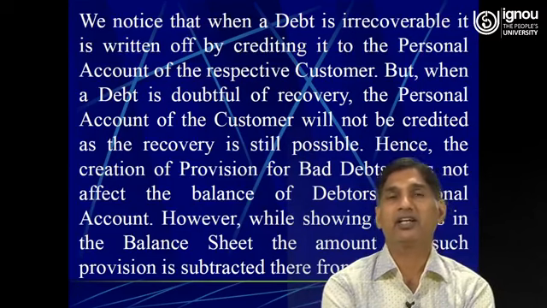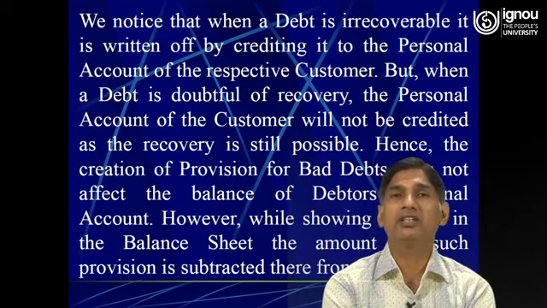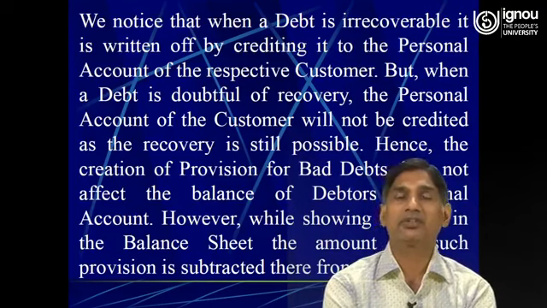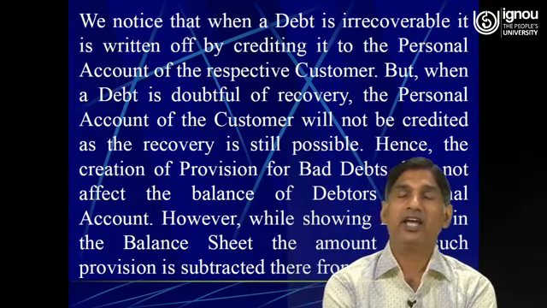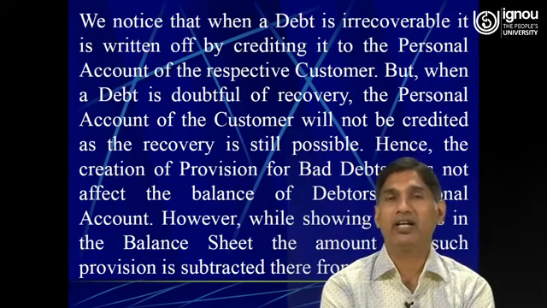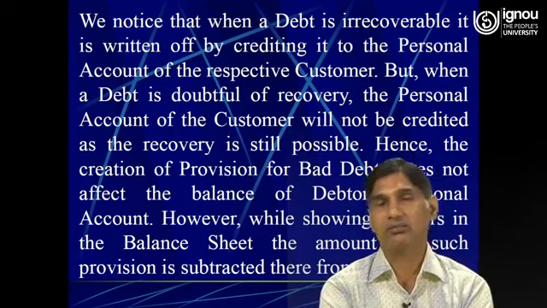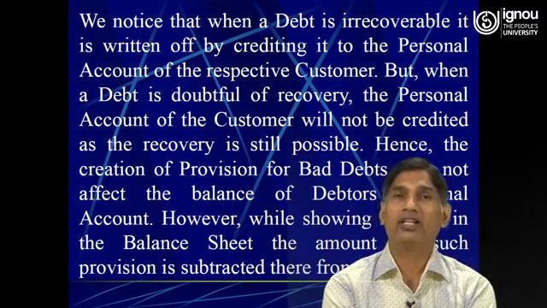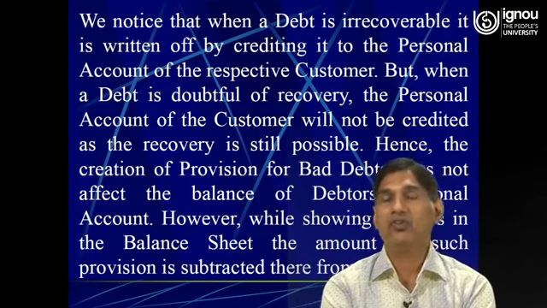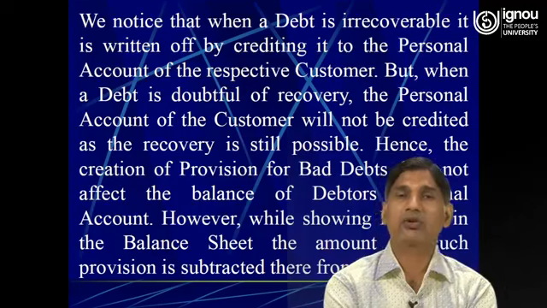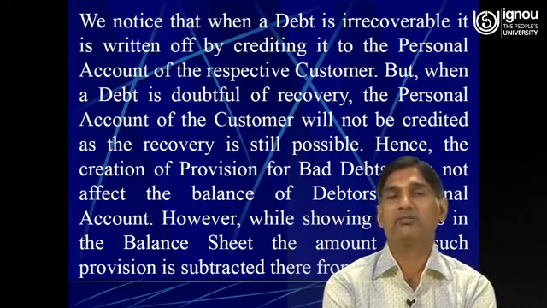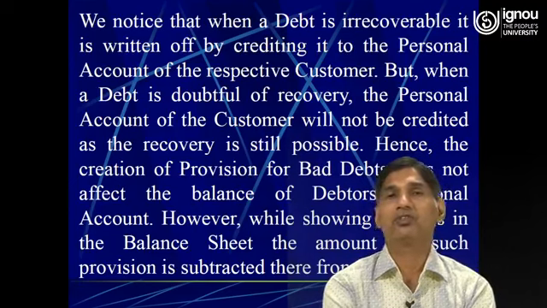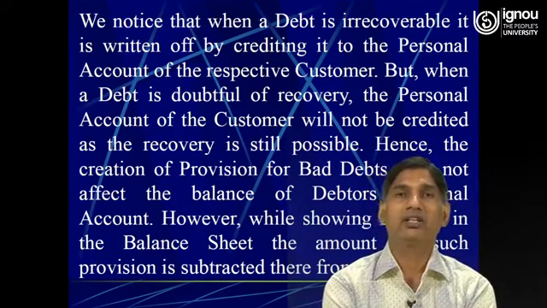We must be very clear that this provision is made as a certain percentage on the amount of fresh debtors. Fresh debtors means that if any amount of bad debts is given in the adjustments, which is called further bad debts, it will be deducted first from the amount of the debtors, and then on the fresh amount of debtors the provision for doubtful debts will be created.